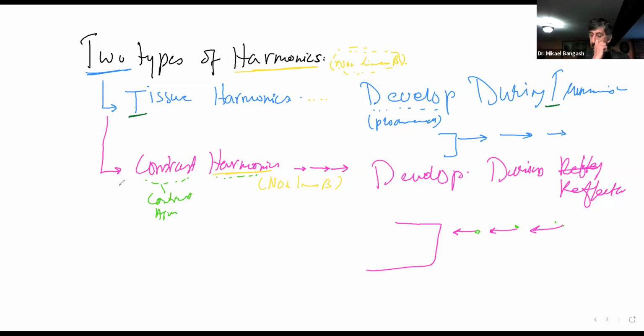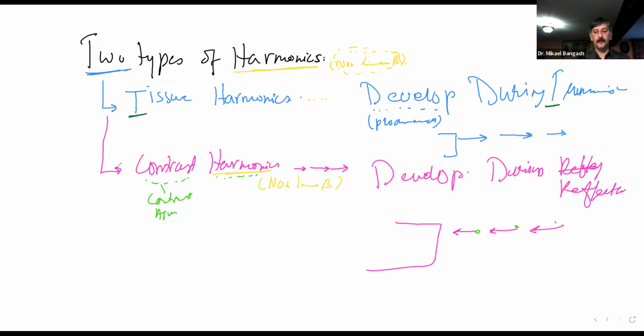The other kind of harmonics, which we call contrast harmonics. What we may require for that is going to be contrast agents. Now why do we call it harmonics? Mainly because there's still going to be a nonlinear behavior in the interaction between the sound waves and the contrast agent.